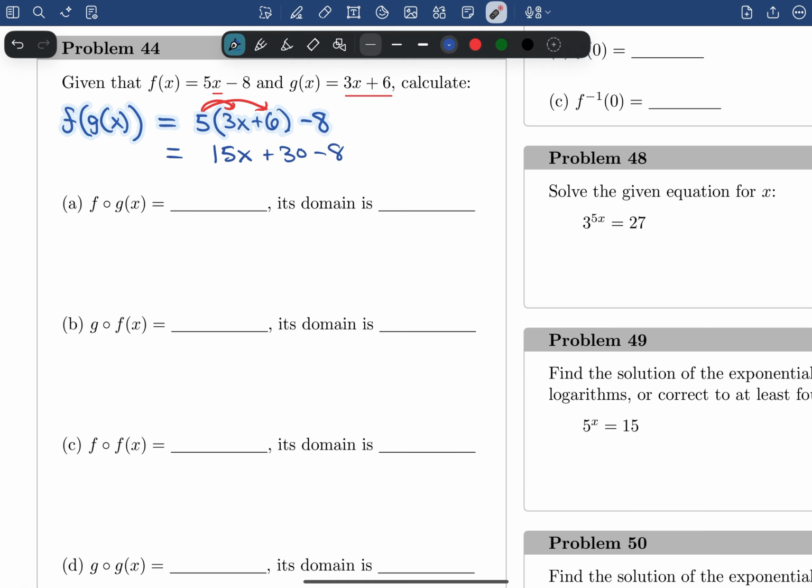And then we combine any like terms, right? So 30 minus 8 is 22. And so I get 15x plus 22 as my f of g of x composed function. That's the result. And then the domain, since the domain of these two functions are all real numbers, because they're lines that go on forever, left and right, the domain is just all real numbers.